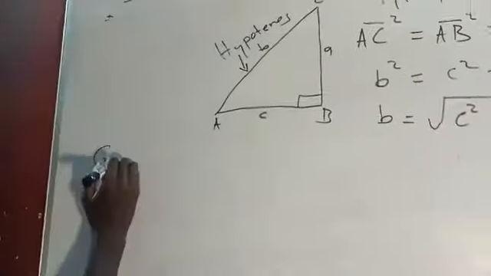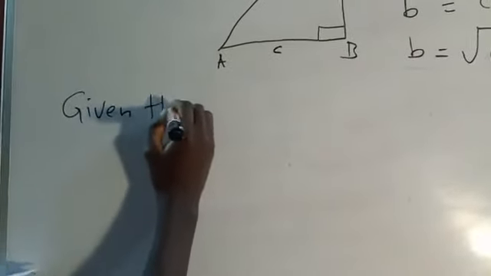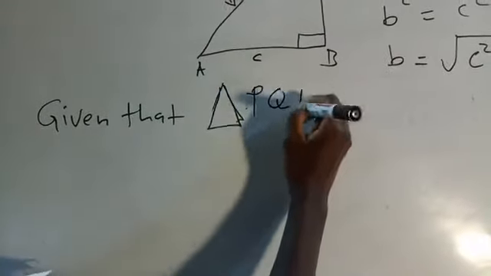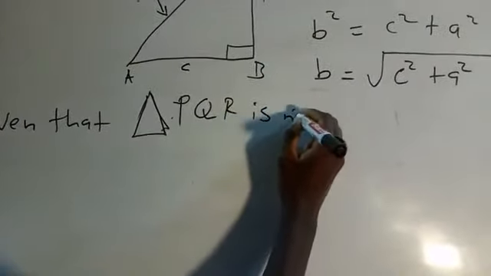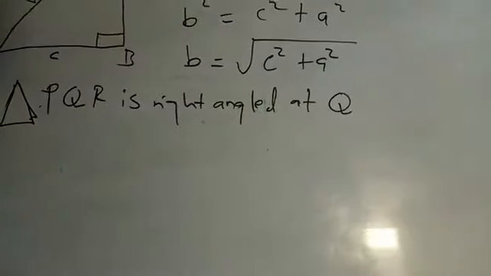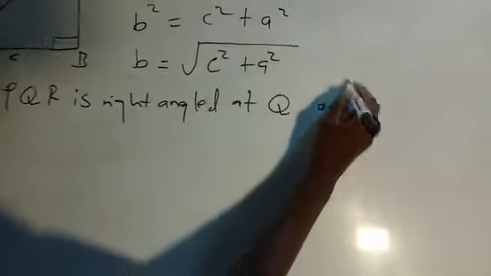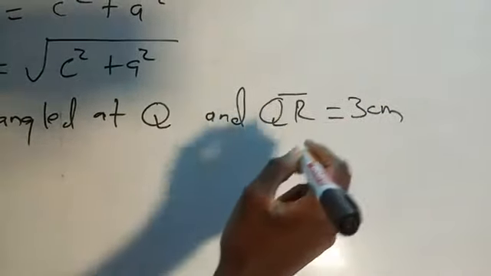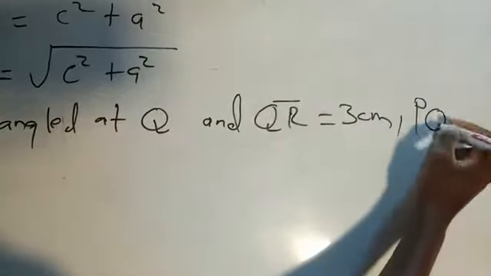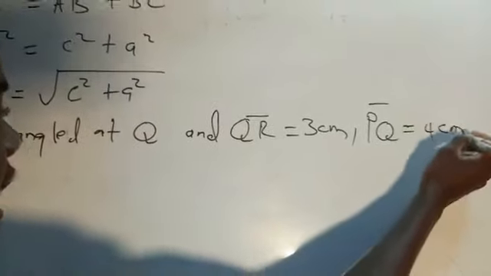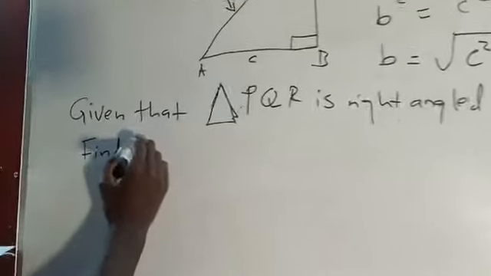Given that triangle PQR is right angled at Q and QR equaling to 3 centimeters, PQ equaling to 4 centimeters. Try to find length PR.